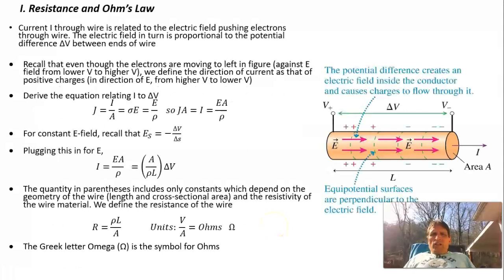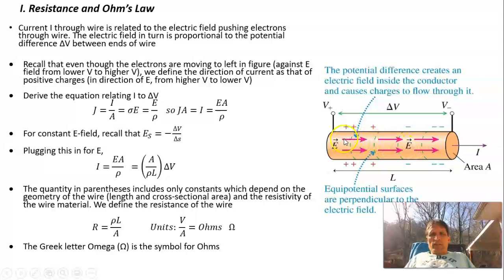So in the last lecture, we discussed that if you have a conductor, for example, here's a wire and it's a metal, and if there's an electric field which is generated by placing a potential difference across the two ends of the wire, this electric field pushes electrons through the material. By definition, recall, even though we know the electrons are obviously what are moving, we define the current in the direction that positive charge is moving.